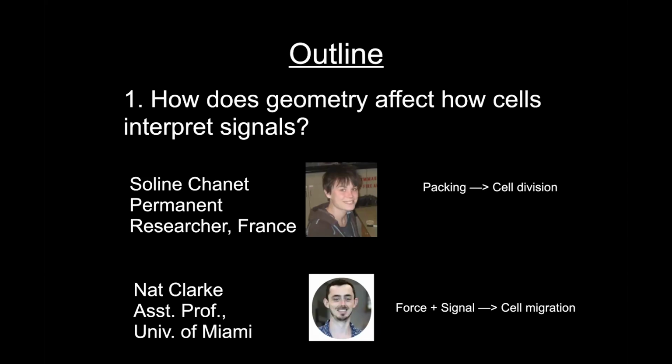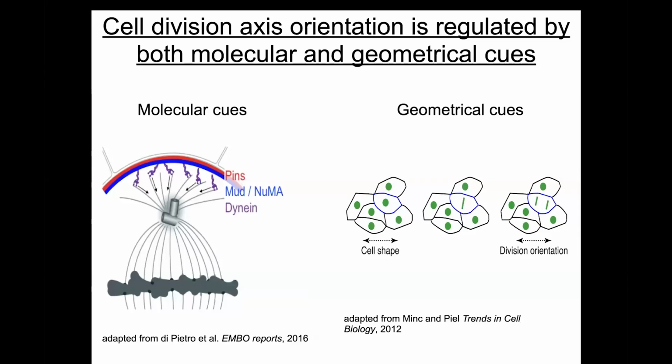So for cell division, the orientation of cell division is extremely important for morphogenesis, and it's influenced by both molecular and geometric cues. The molecular cues that are involved are cortical proteins such as Pins and Mud, which recruit the microtubule motor dynein, which by pulling on astral microtubules rotates the spindle such that the spindle and the cell division acquire a particular axis.